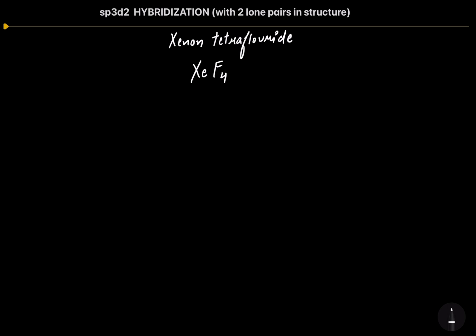Now, before starting the hybridization, let's make the Lewis structure of xenon tetrafluoride. So that's my xenon, the first fluorine over here, second fluorine over here, third fluorine over here, and the fourth fluorine over here. Now let's talk about the xenon atom.